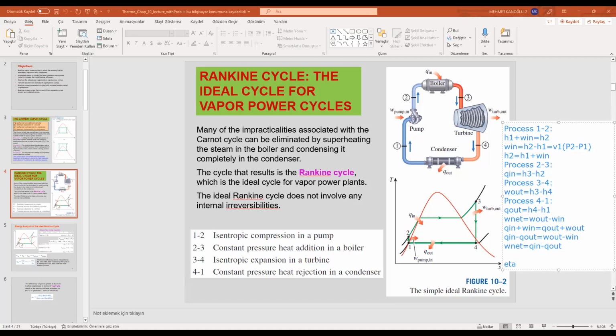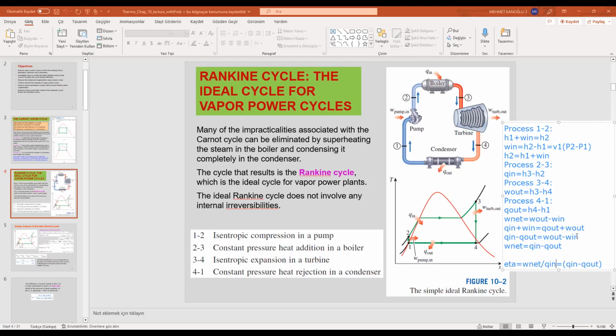Now let's express the thermal efficiency. What is the thermal efficiency of this cycle? Thermal efficiency for any heat engine is given by W net over heat input. And what is W net? You can write it as work out minus work in, or Q in minus Q out.